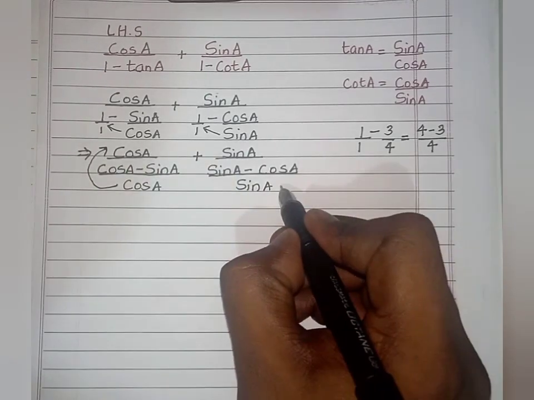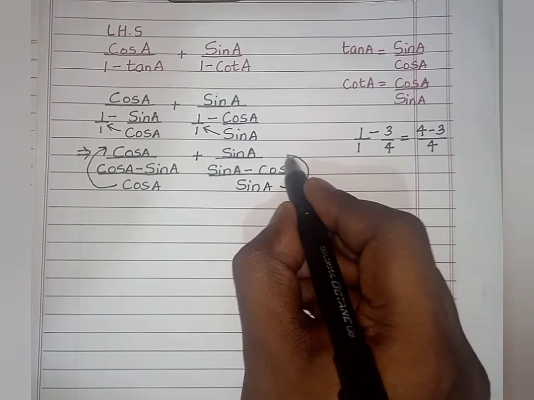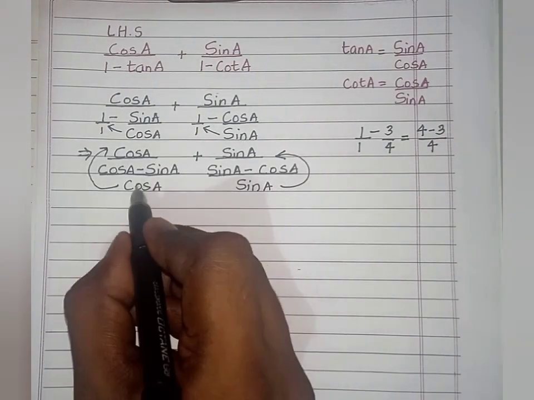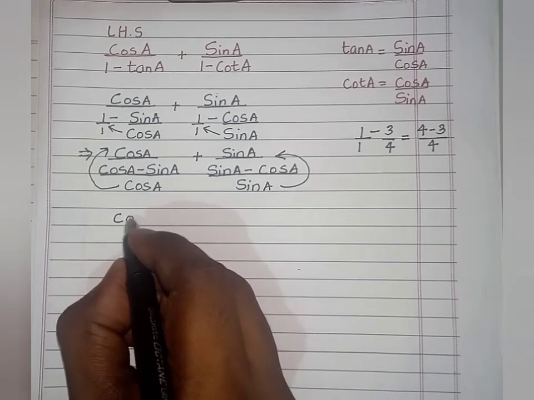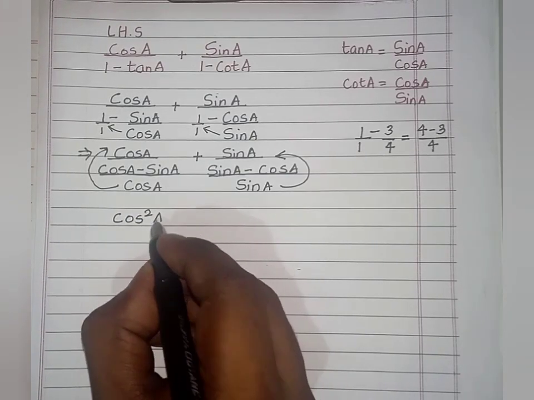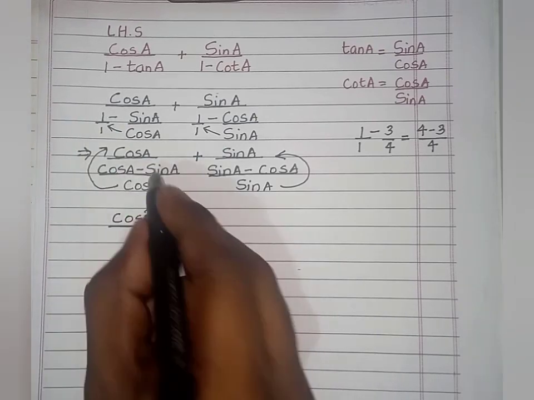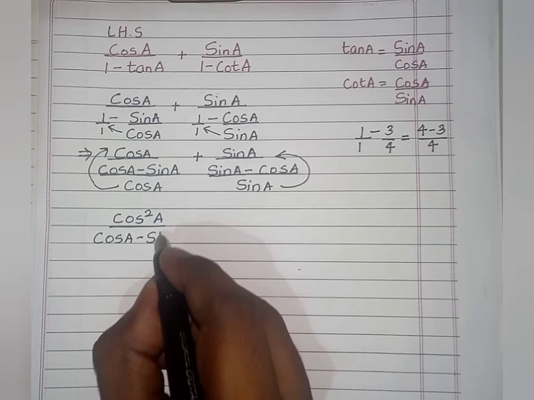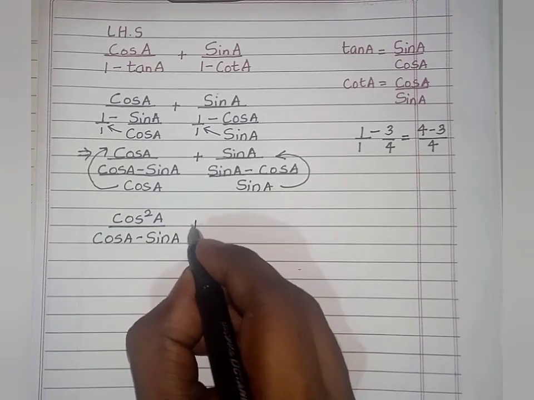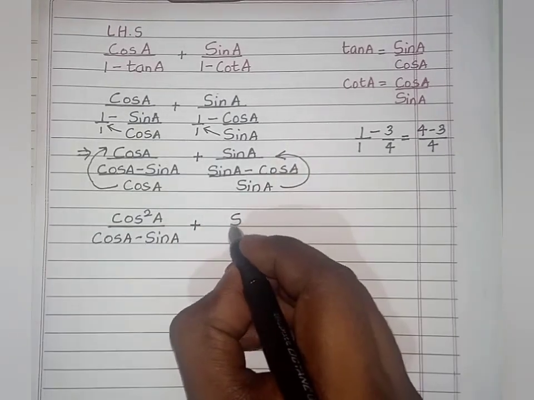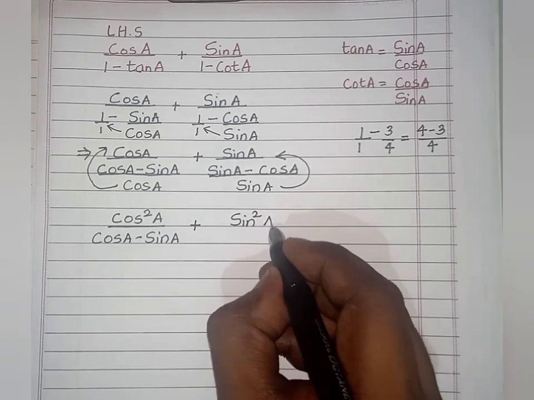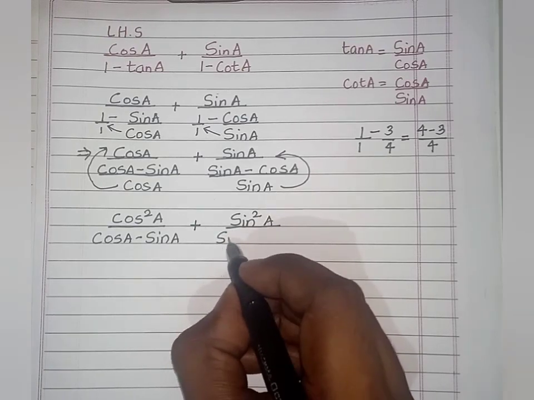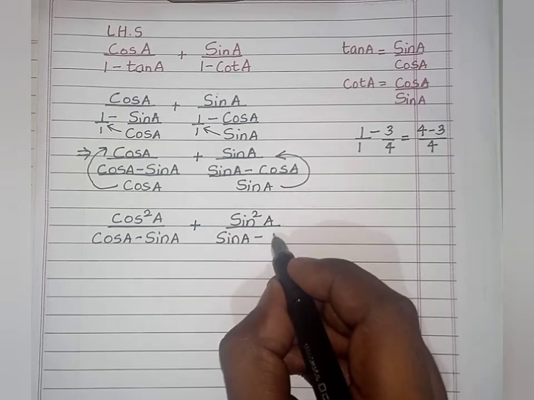Now if you are dividing a whole number by a fraction, you can multiply cos into cos, that is cos square A by cos A minus sin A. Plus in the same way, sin A into sin A will give sin square A divided by sin A minus cos A.